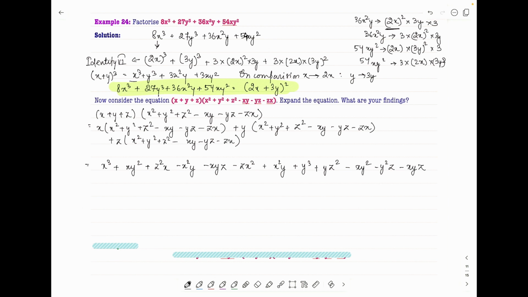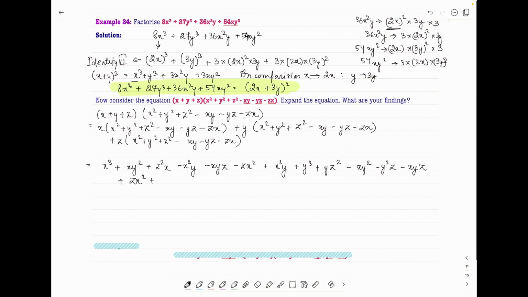Then we multiply the last part: z into x square is zx square. z into y square is y square z. z square into z is z cube. Then minus xy into z is minus xyz. z into minus yz is minus yz square. And z into minus zx is minus z square x.